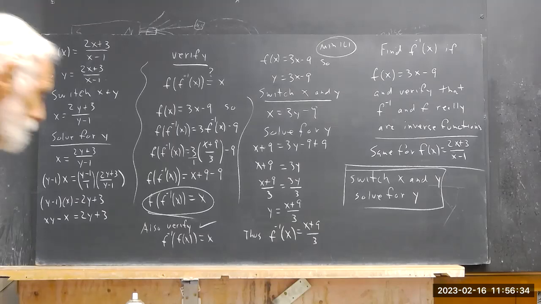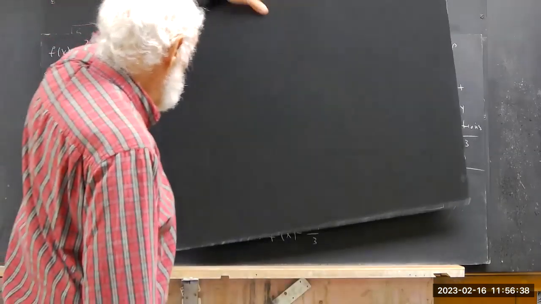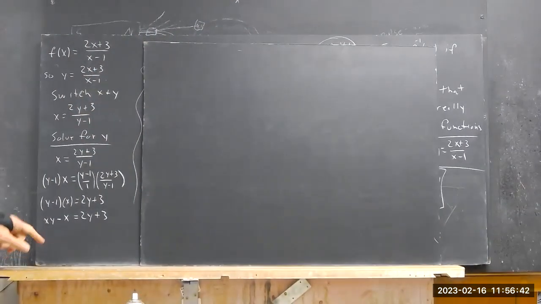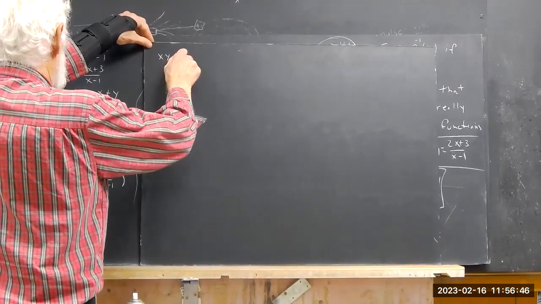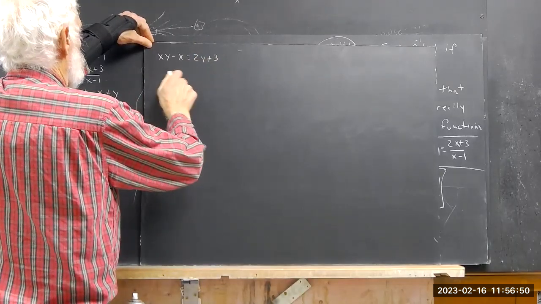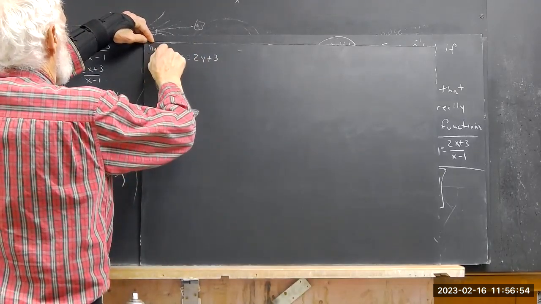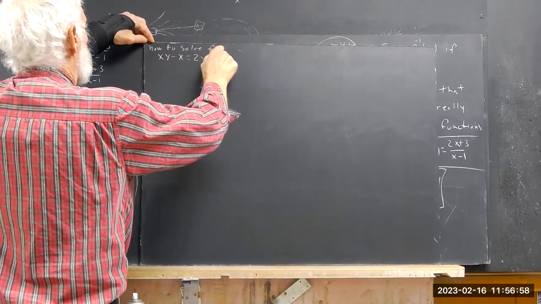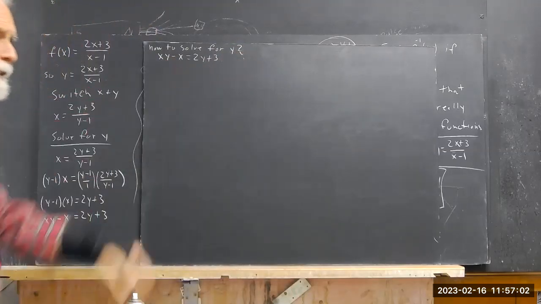Well, I'm probably going to want a little more room than I've got. So let's go ahead and repeat this. So we've got the question at this stage: how do you solve for y?